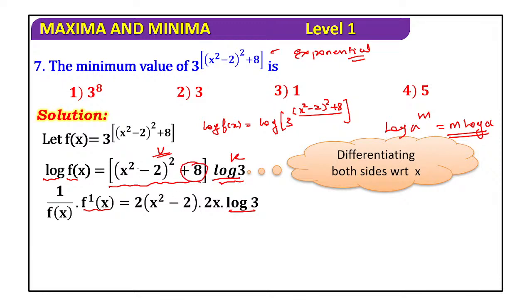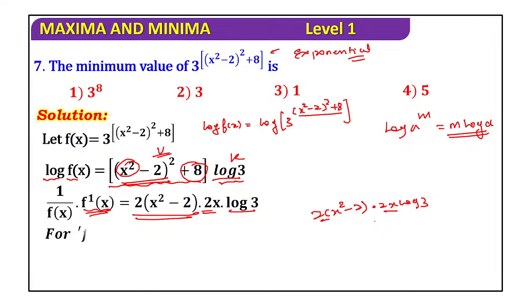To differentiate (x square minus 2) whole square, that is going to be 2 into (x square minus 2), and differentiation of x square is 2x. That will be 1 by f of x into f dash of x equal to 2 times (x square minus 2) into 2x log 3. So 2x into 2 is 4x.